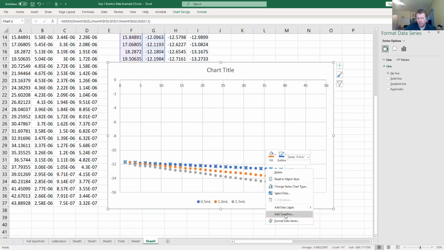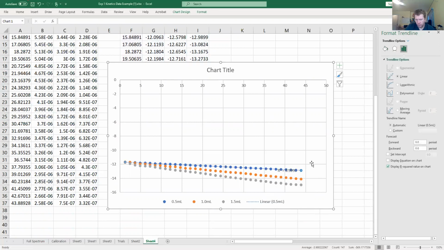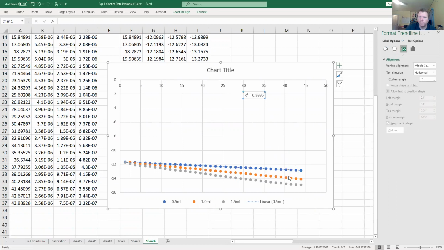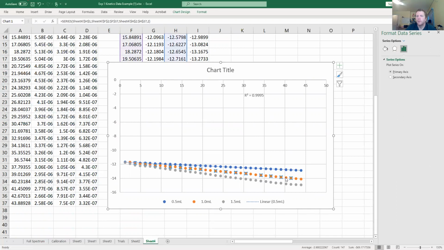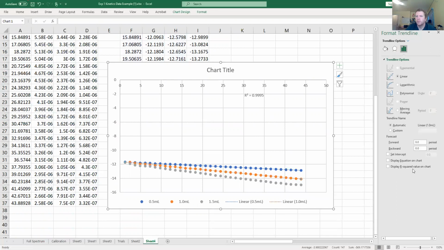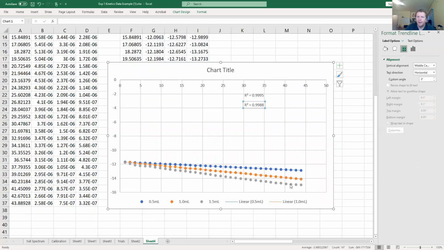So I'm going to select the 0.5 where my R squared value was 0.999999995. It wasn't really that many nines, but I hope that you get my hilarious humor. Now my next is 1 milliliter of my sodium hypochlorite, and I've got a value of 0.9988.